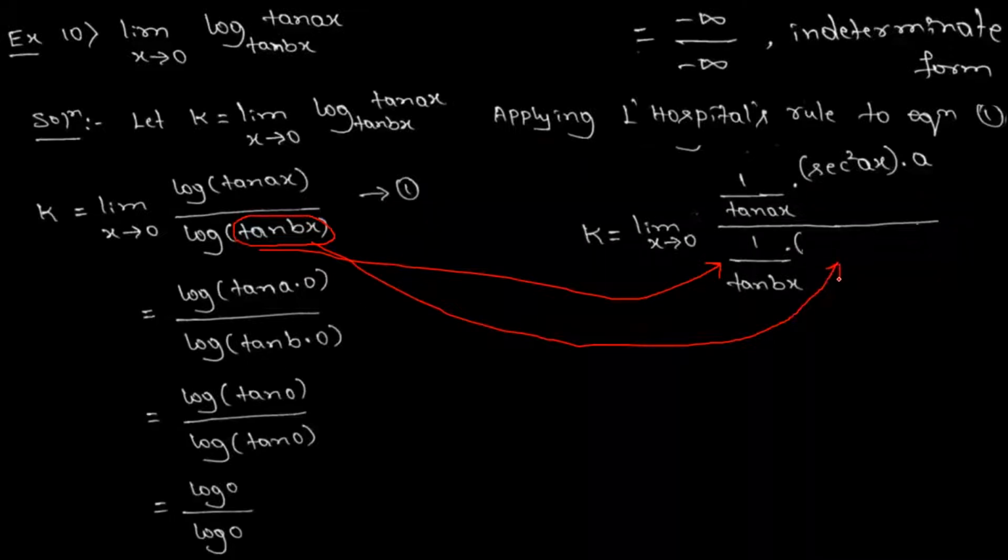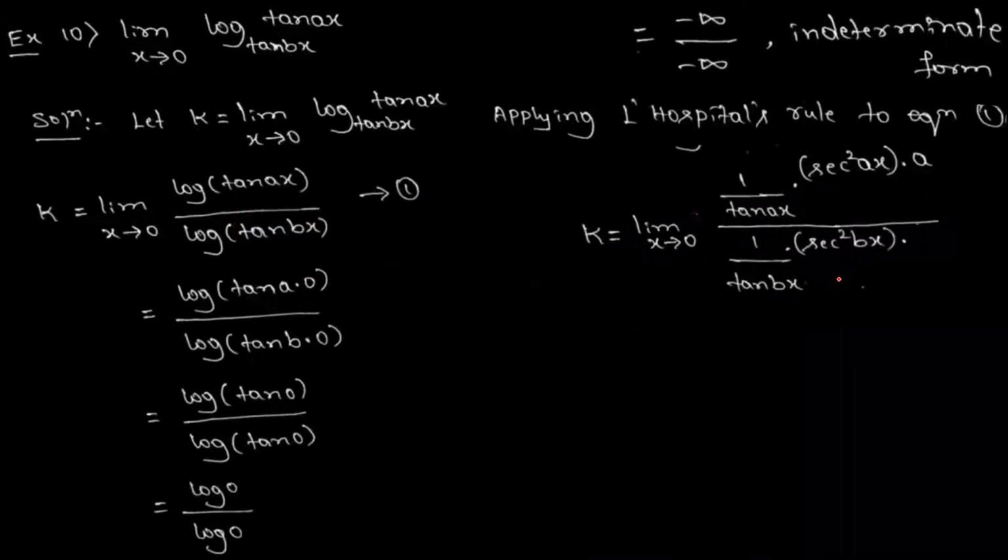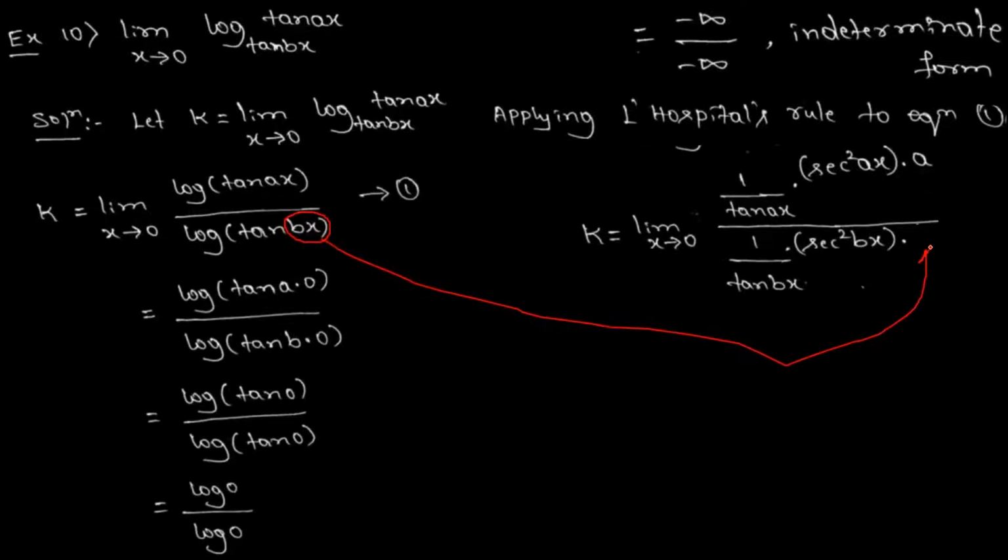Differentiation of tan is secant square, then bx as it is inside. Now let us differentiate bx again. Differentiation of bx will be b, and the differentiation of x is 1.